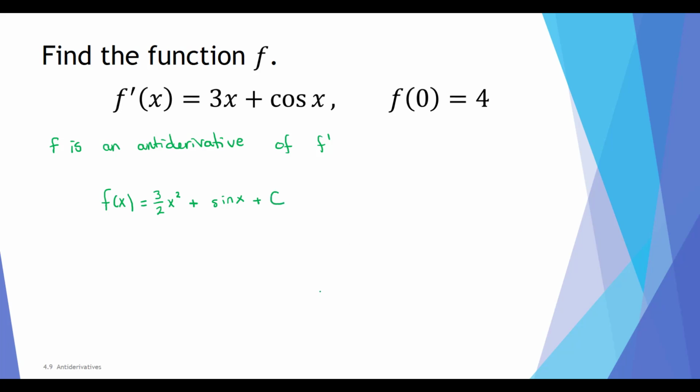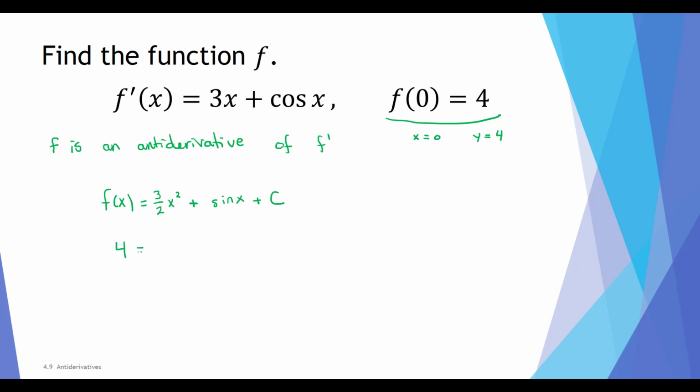Okay, however, f is a particular function. We know that f of 0 must equal 4. So we will use this information to solve for c. This tells us that when x is 0, y is 4, or in other words, f of x is 4.